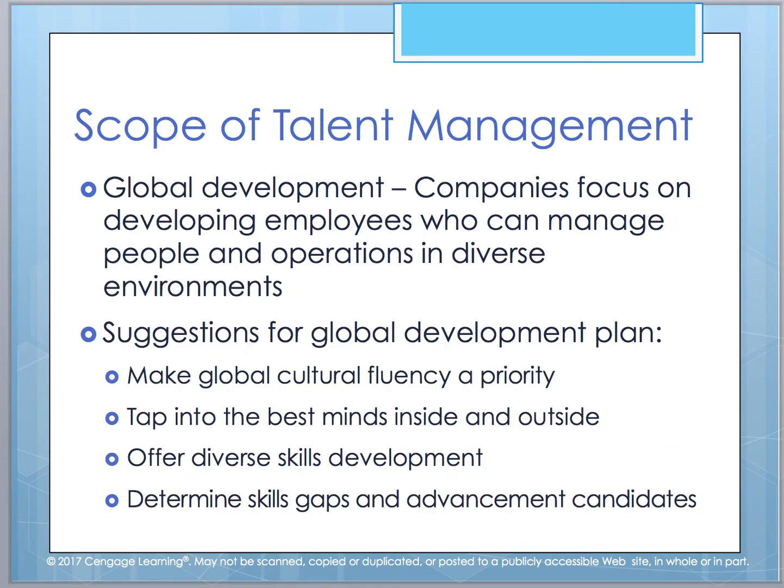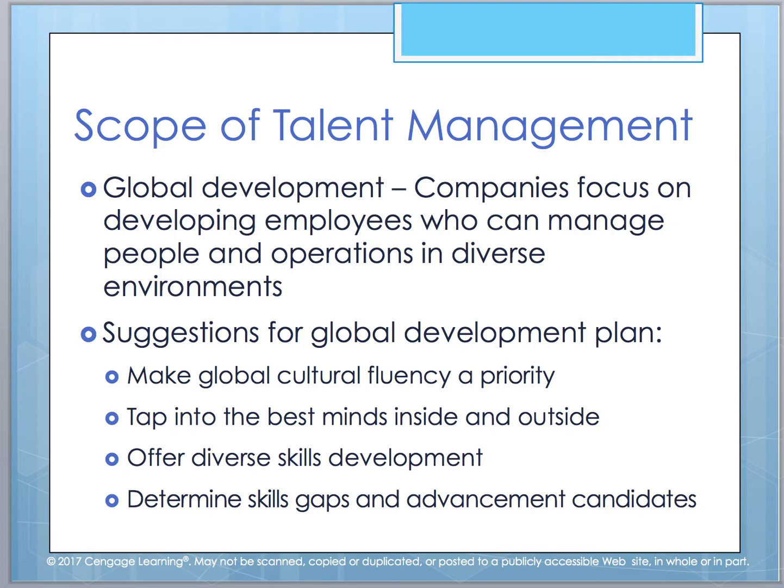Global development is where you're focused on developing employees who can help you manage people and operations in diverse environments. There are certain suggestions for creating this plan, making sure that global cultural fluency is a priority. Tap into your best minds, both inside and outside the organization.